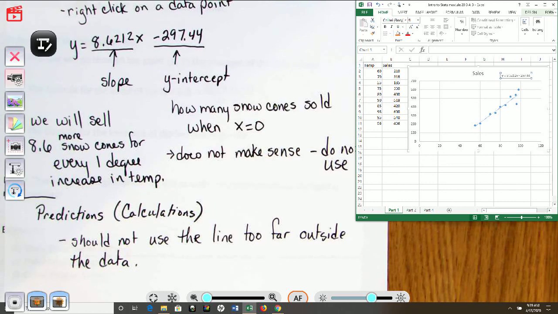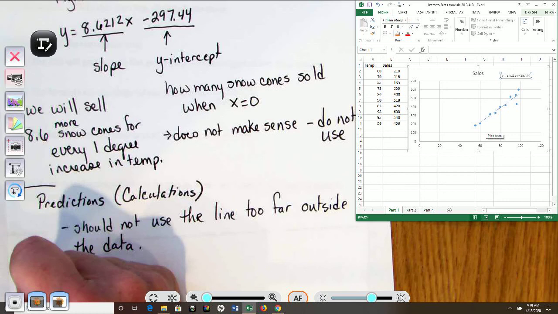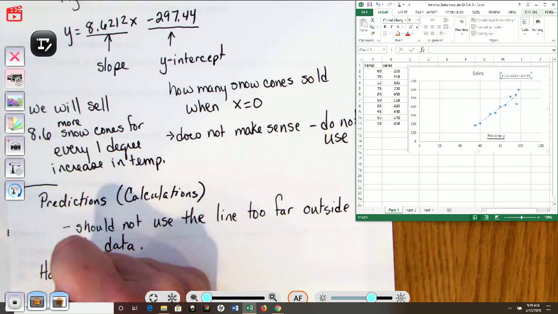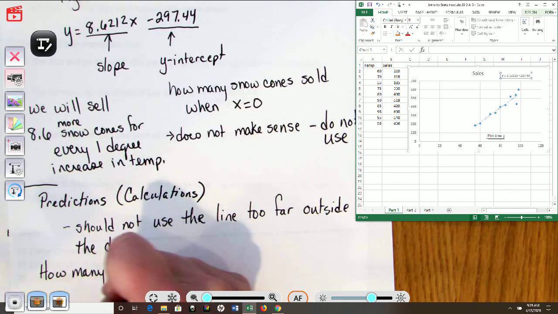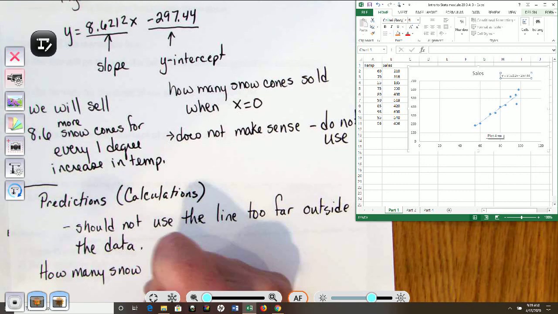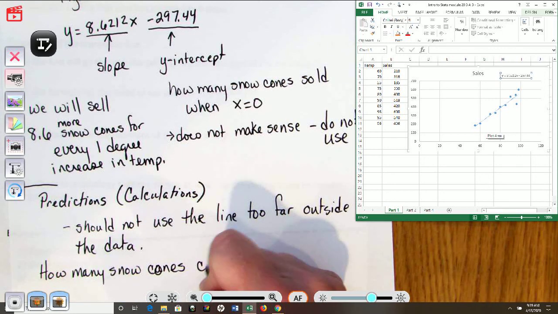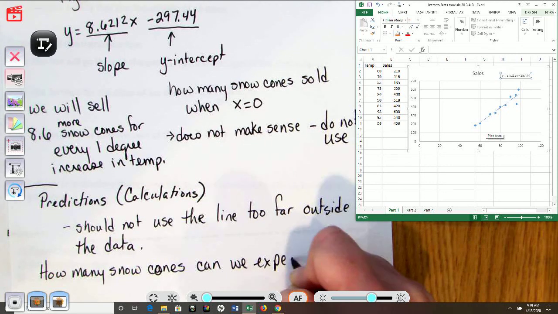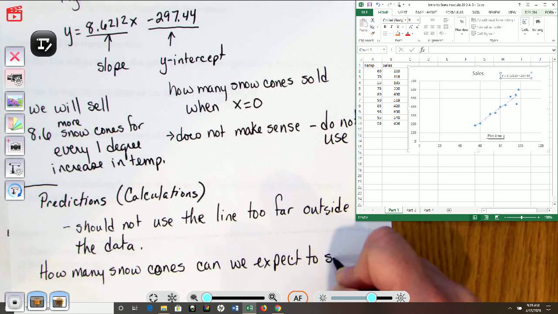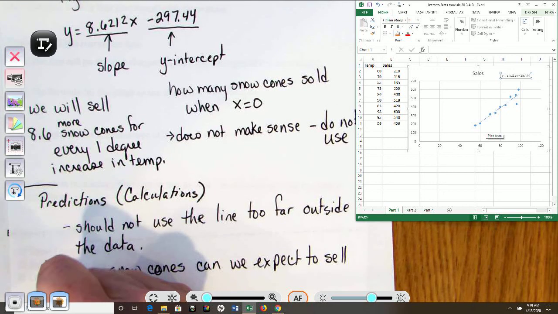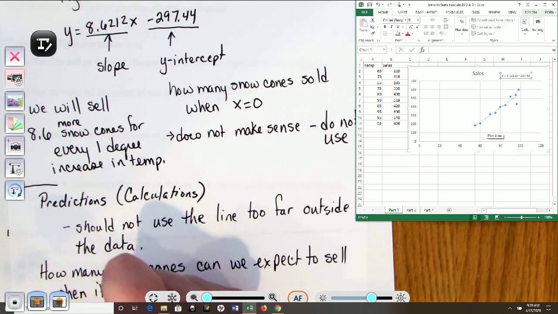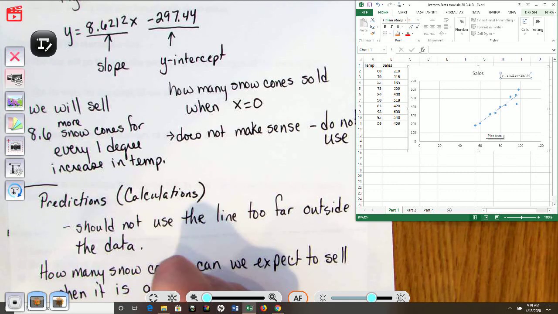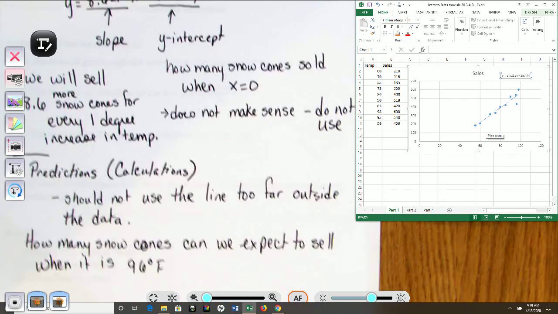We should not predict outside this region, but we can predict, for example, how many snow cones we can expect or predict to sell when it is 96 degrees outside.